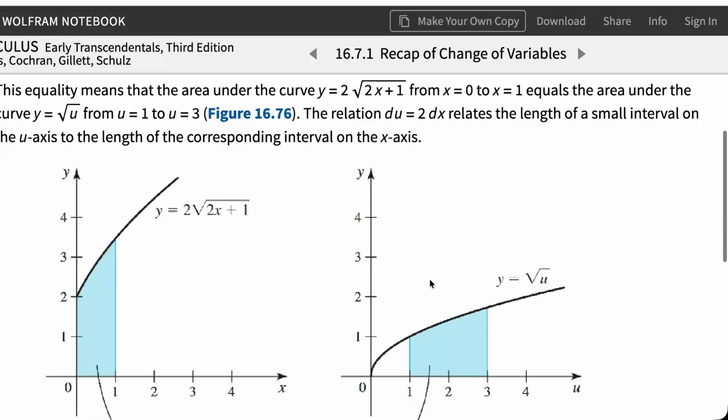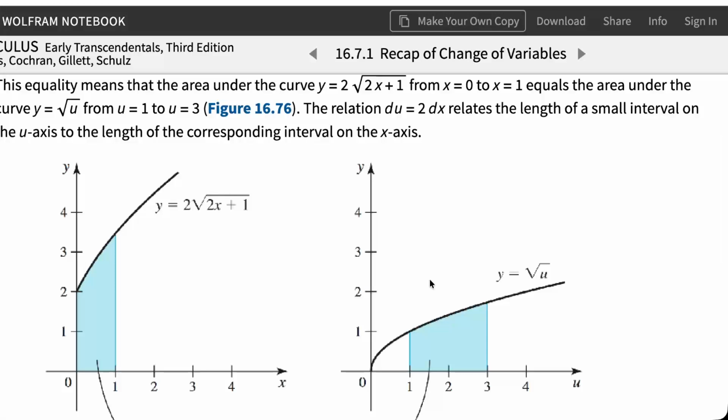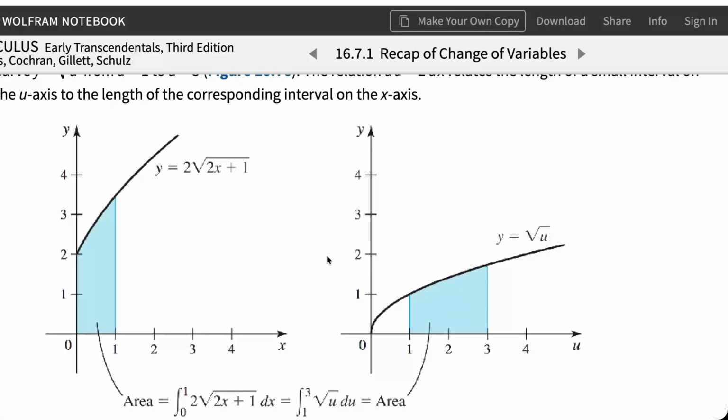So the gist of changing variables, doing a U substitution, is that two distinct areas are actually the same thing. Y is 2 times the square root of 2x plus 1 is that arc, and the area under that between 0 and 1 is the exact same thing as this area.